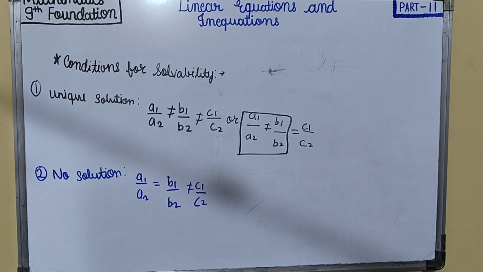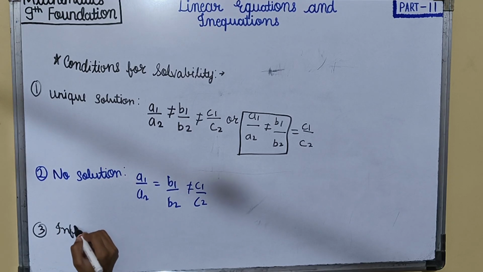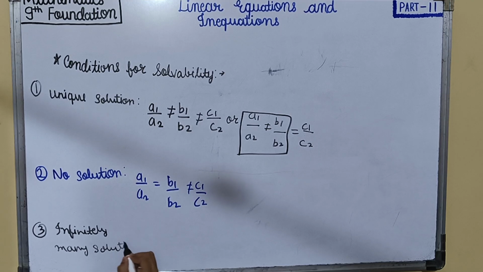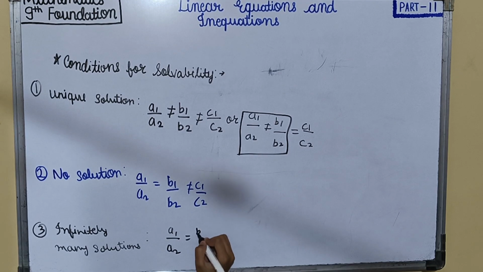And the third one is infinitely many solutions, which means a1 upon a2 is equal to b1 upon b2 is equal to c1 upon c2.